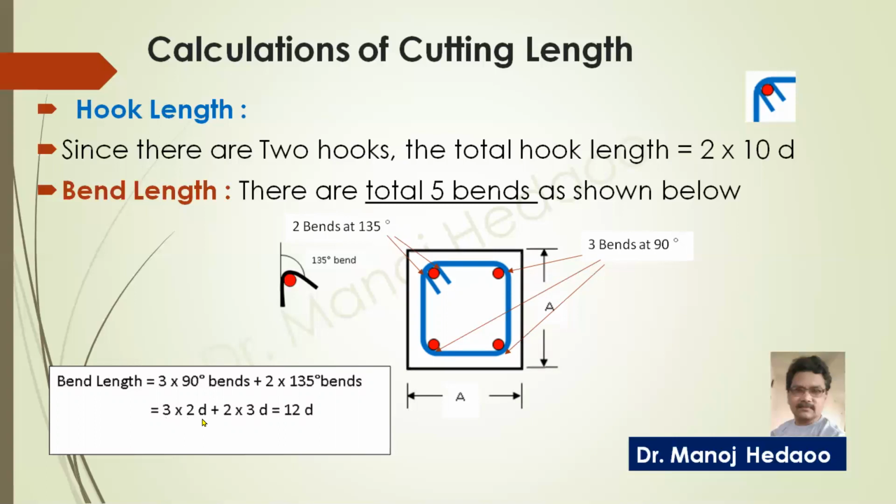So 3 into 2d plus 2 numbers at 135 into 3d, because 3d is the increase in length for a 135-degree bend. If you simplify, you will get 12d. So 12d will be the increase in length due to bending for a square stirrup. You have to remember that 12d you have to deduct.